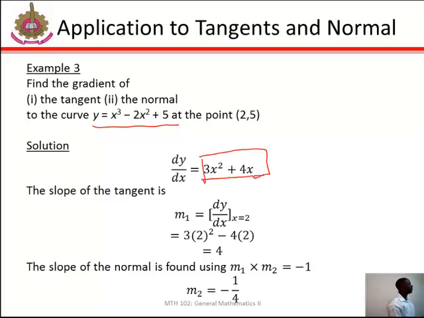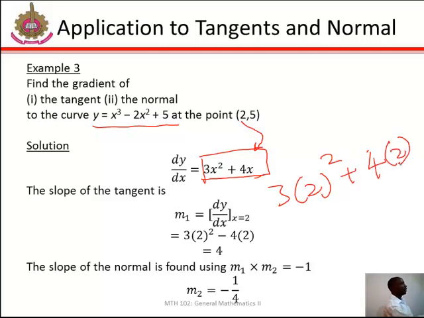This is our differential value, and from there we are going to calculate the slope of the tangent. So in order to calculate the slope of the tangent, we substitute the value of x into the derivative that we just calculated. So we are going to have 3 into 2 raised to power 2 minus 4 into 2. Then we have our answer to be 4.